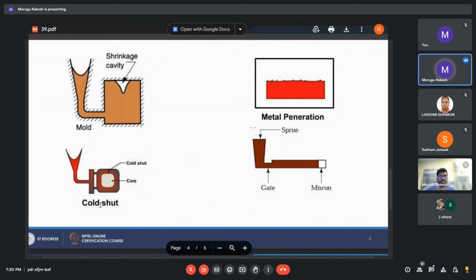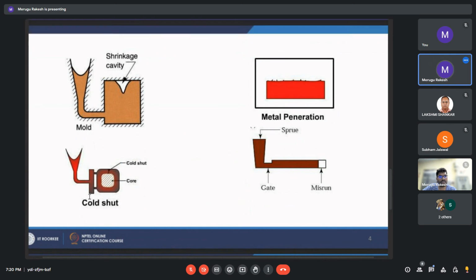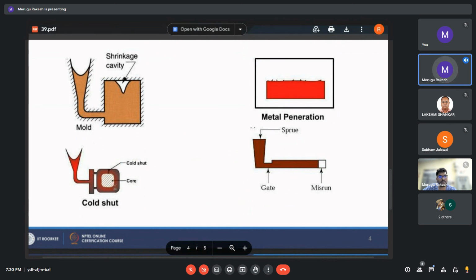Then we have cold shut. If you are filling this type of casting, the liquid will come first here, then fill the bottom part. When this is completely filled, it will travel in the left as well as right directions. So it will have two different thermal gradients, and they will not fuse well, which forms the cold shut defect.